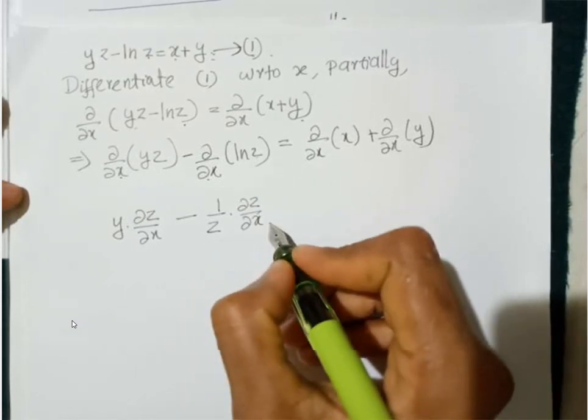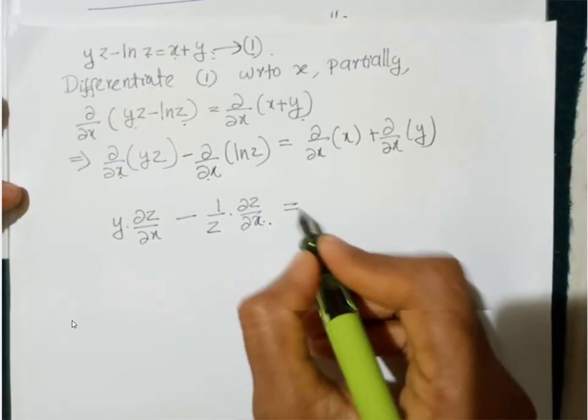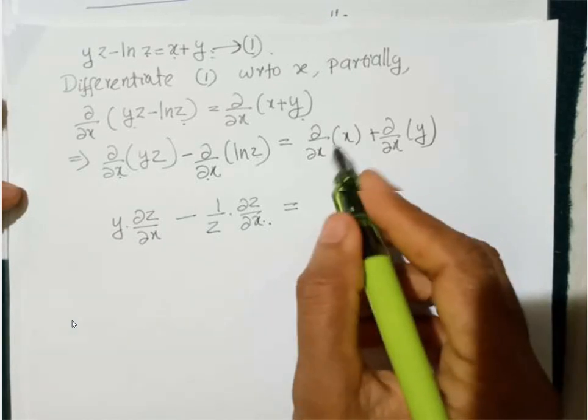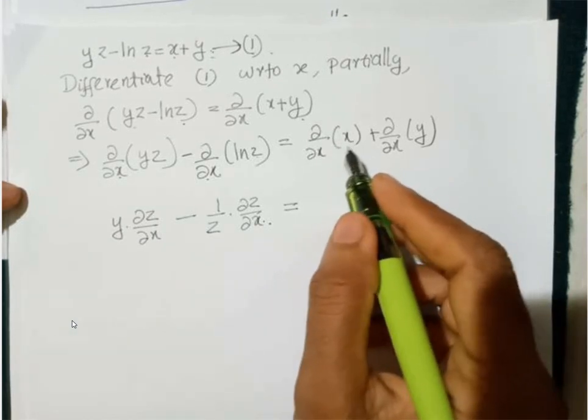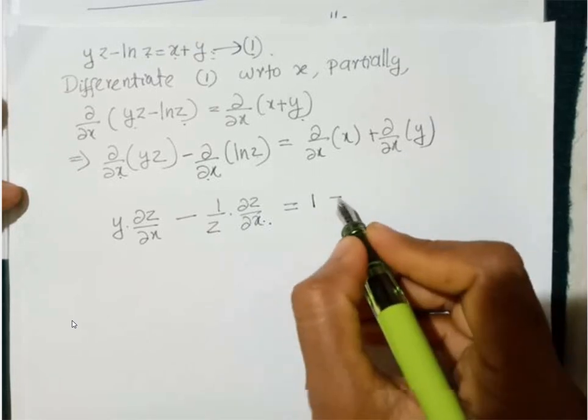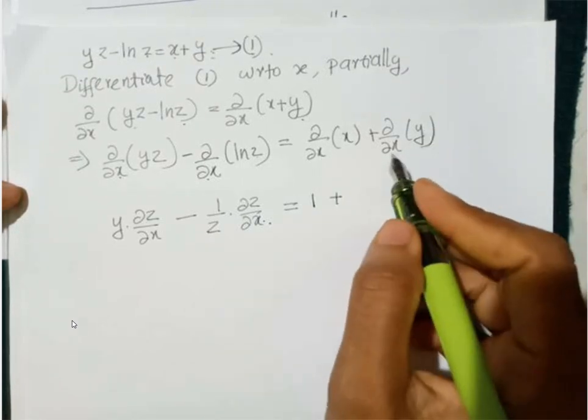The right side becomes an ordinary derivative: this is 1, plus the derivative of y with respect to x, which is 0.